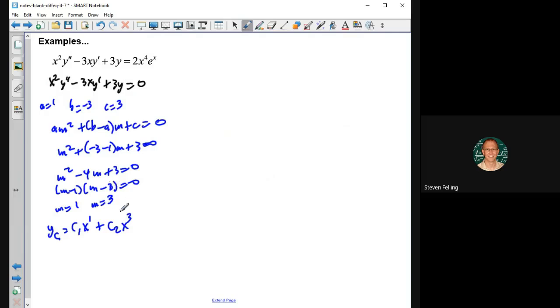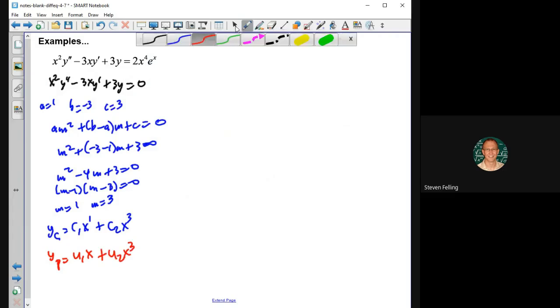And then we could use something like the methods from the last section, variation of parameters, to find the yp. So yp here is going to be instead some function of x times x and some function of x times x cubed.